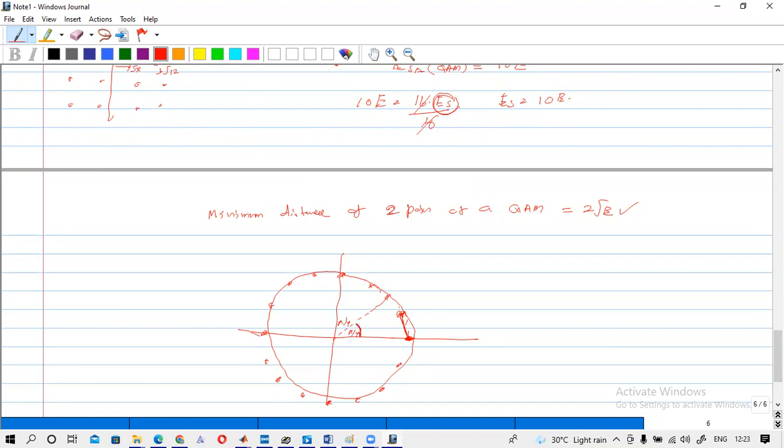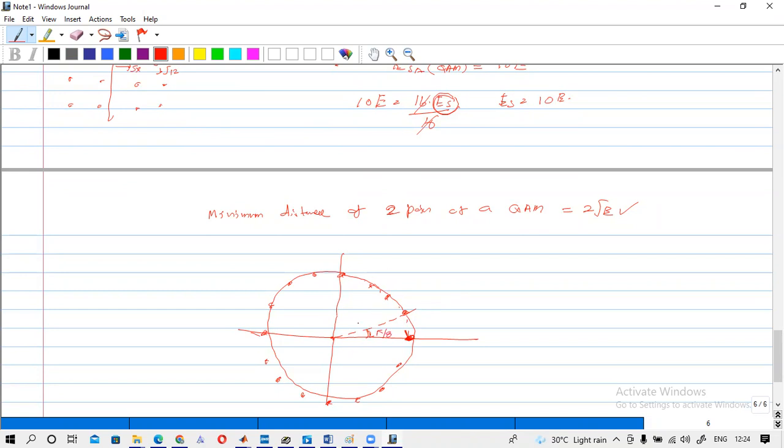If you get this point, it will be pi by 8, because you just divide this circle into 16 portions.